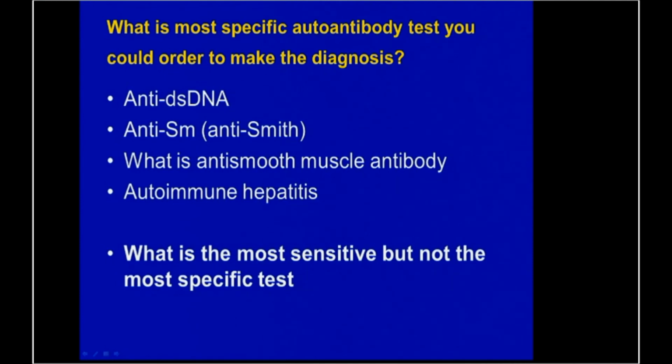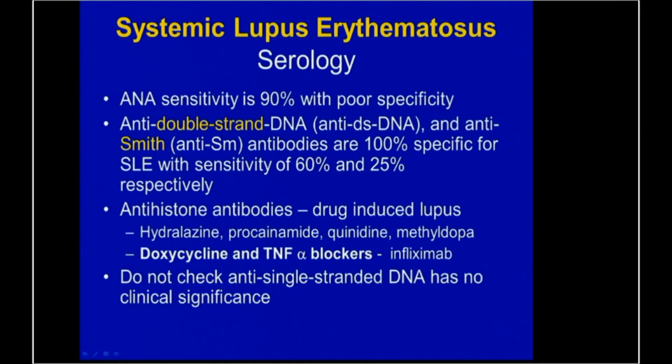What is the most sensitive but not most specific? That's ANA, okay? ANA sensitivity, 90%. What about specificity? Very poor. Anti-double-stranded DNA and anti-Smith antibodies are 100% specific for systemic lupus, but the sensitivity is 60% for anti-double-stranded DNA and 25% for anti-Smith antibody, respectively.